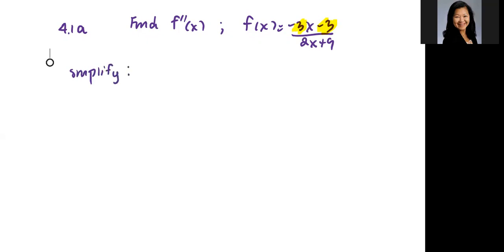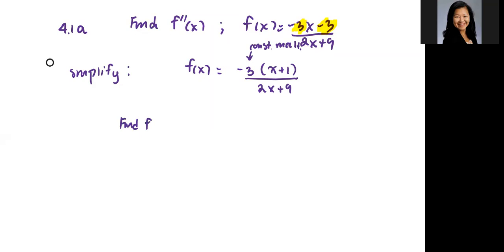So we're gonna simplify. For f of x, I'm gonna factor negative 3 out of the top two terms. So it's gonna be negative 3 multiplied by x plus 1 divided by 2x plus 9. Okay. And then I would treat this as a constant multiple. First, we're gonna find the first derivative.